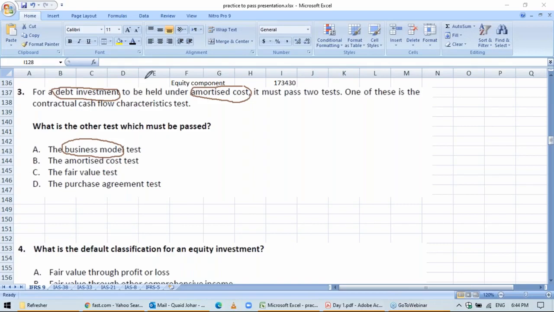So the correct answer to this question is A. Right? Okay.